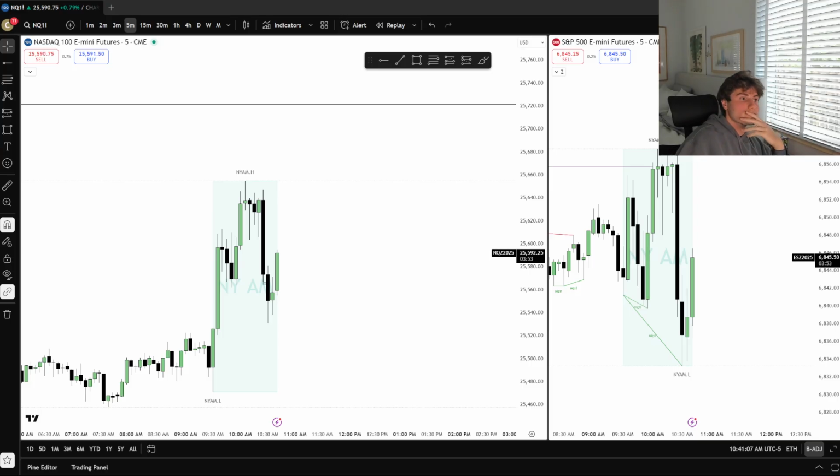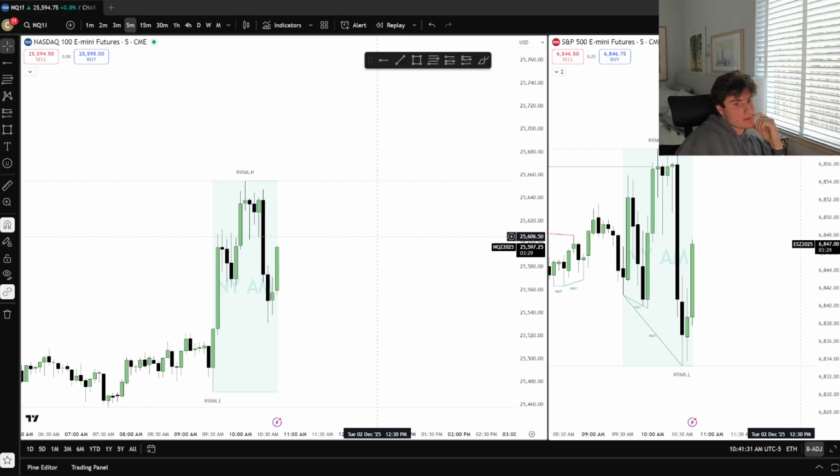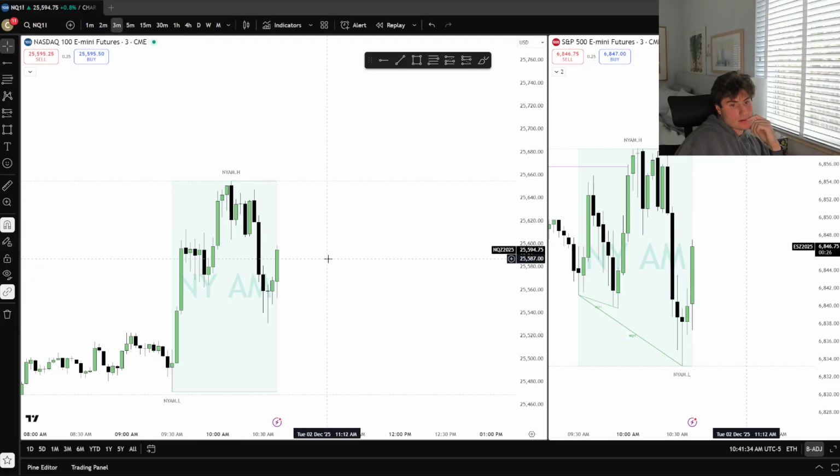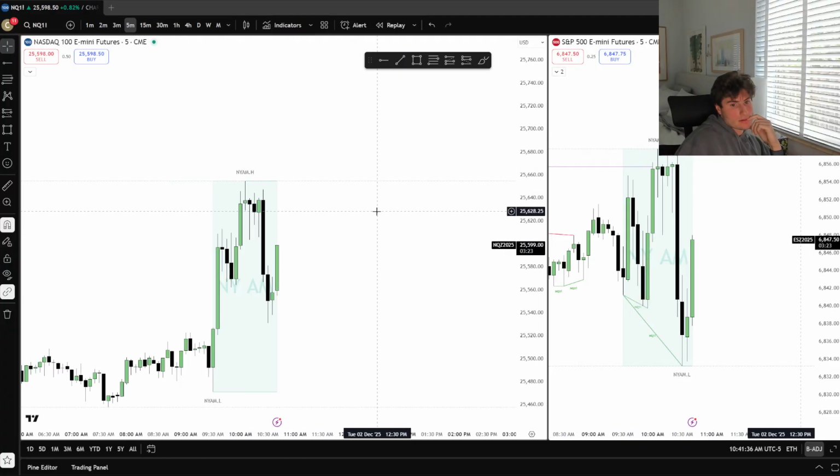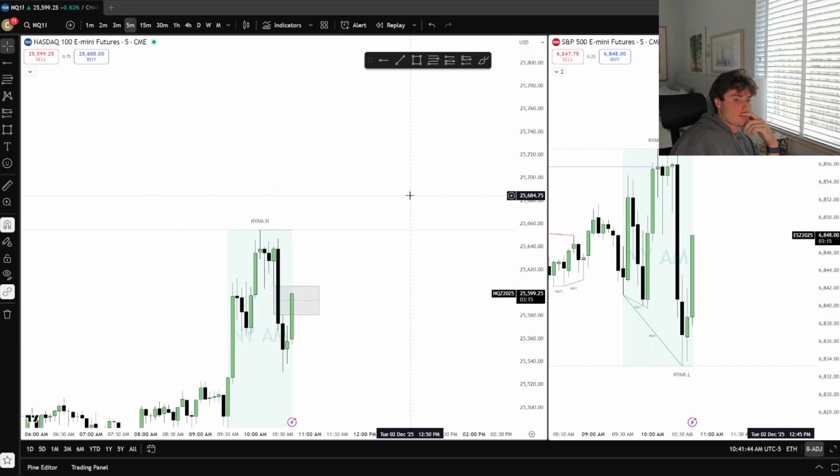I locked myself up. Two break evens on the day. This looks nice. If this 5 minute inverses, this looks nice, but I'm off.